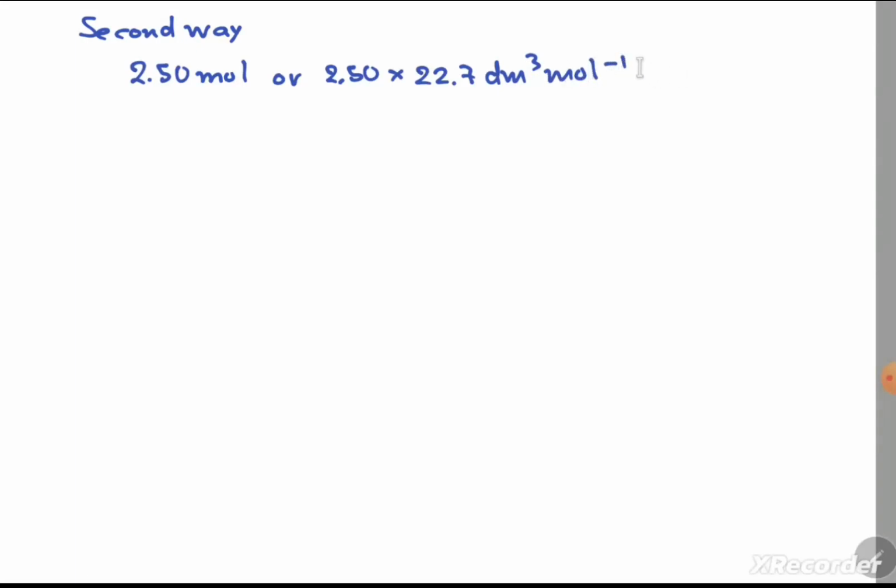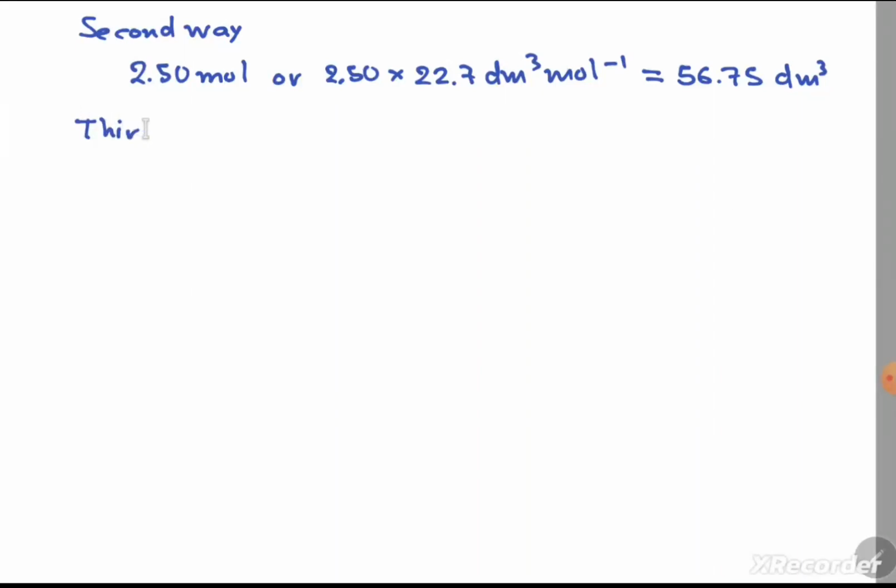Second way, more quickly, 2.50 mole or 2.50 times the value of molar volume, 22.7 dm to the cube mole minus 1, equal 56.75 dm to the cube.